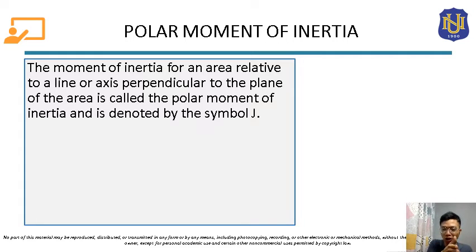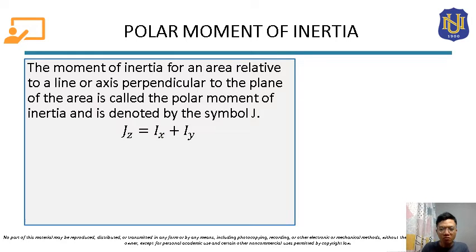So this will be the formula: Jz is the notation for polar moment of inertia, where z is the axis perpendicular to the plane. It is equal to Ix plus Iy, the moments of inertia with respect to the x and y axes.